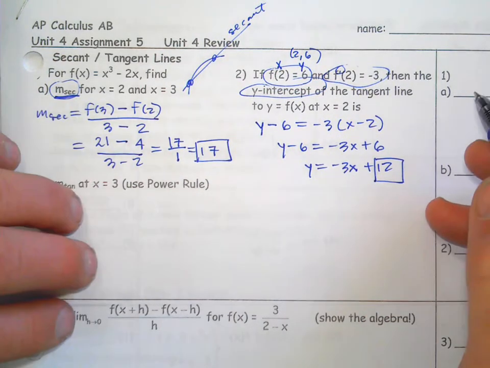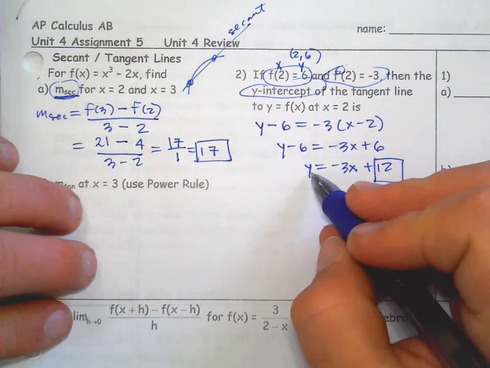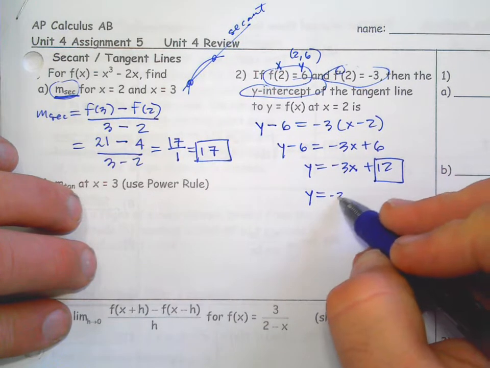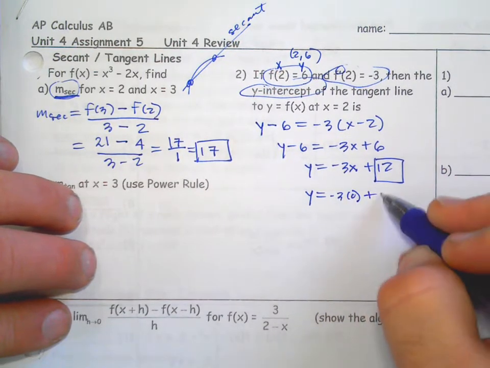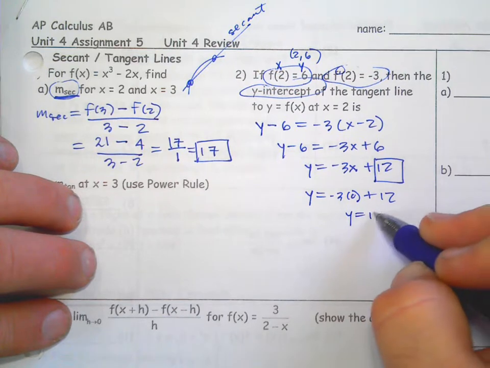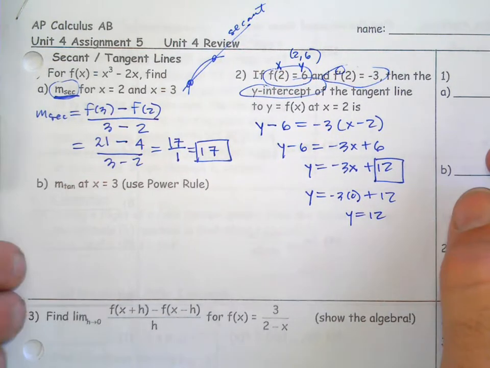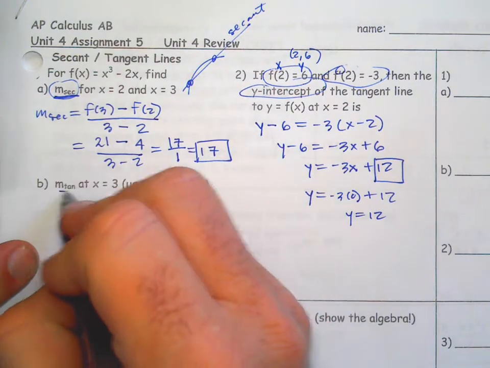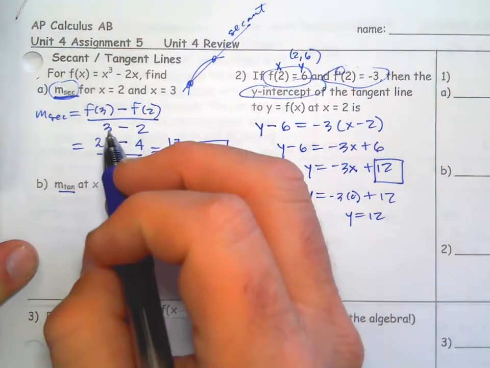Otherwise, usually the way we find the y-intercept is we set the other variable equal to 0, and that gives you the y-intercept, right? So, okay, slope of the tangent line. Now, tangent line means we're actually taking the actual derivative, right?